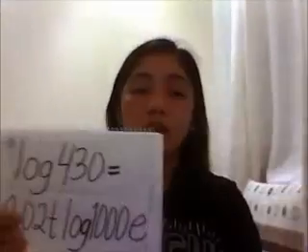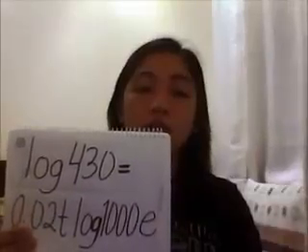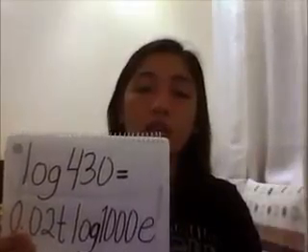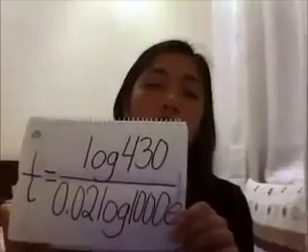Afterwards, you have to use logarithm to bring down the exponent, so that your equation will now be the logarithm of 430 equals 0.02t times the logarithm of 1000e. With this equation, solve for t, so that t equals the logarithm of 430 all over 0.02 times the logarithm of 1000e.